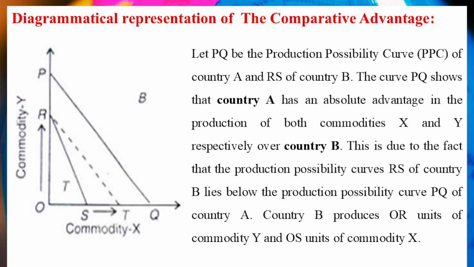From both the PPC curves, PQ and RS, what we observe is that country A has an absolute advantage.